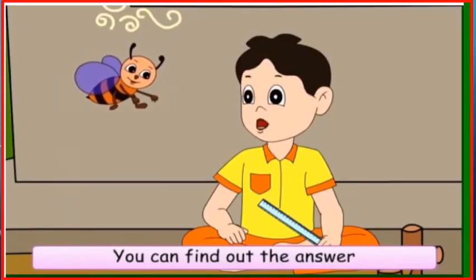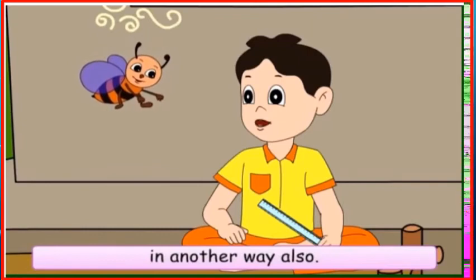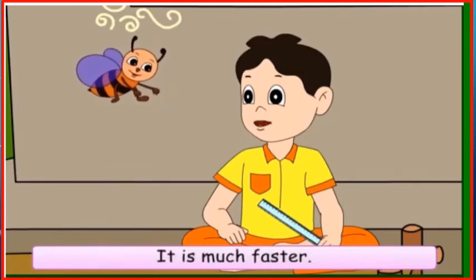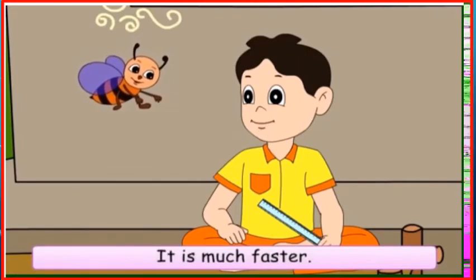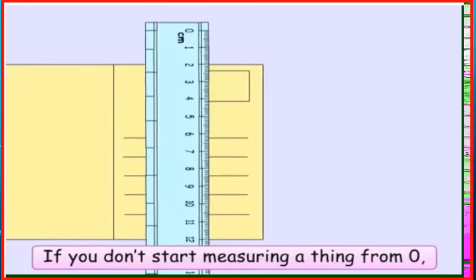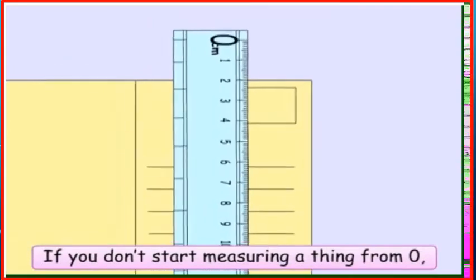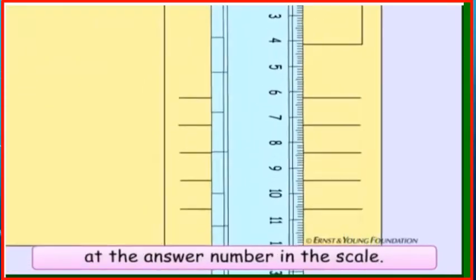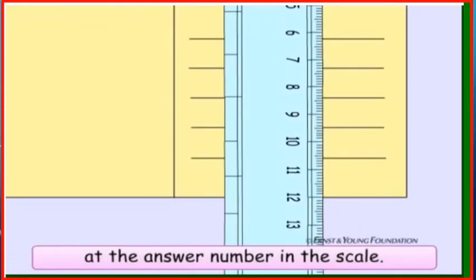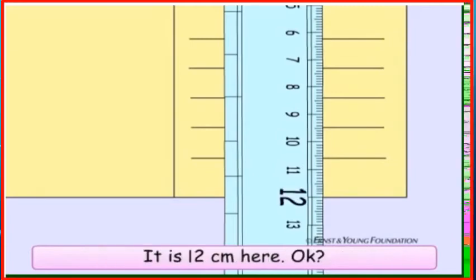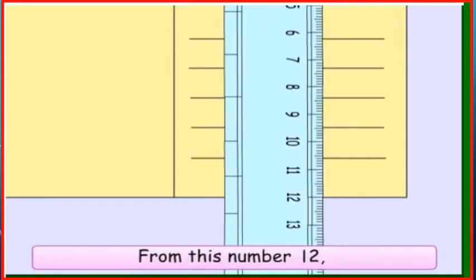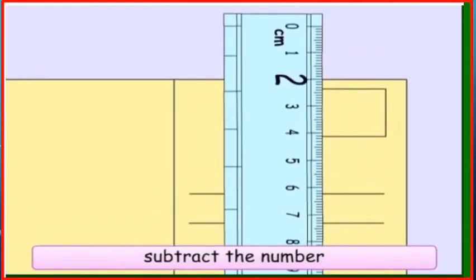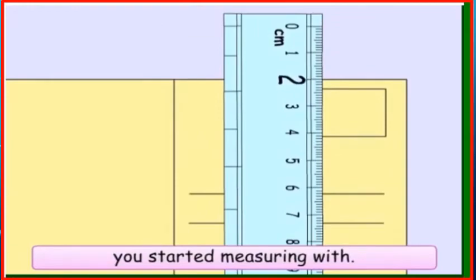You can find out the answer in another way also. It is much faster. If you don't start measuring a thing from 0, then you should first look at the answer number in the scale. It is 12 centimeters here. From this number, 12, subtract the number you started measuring with.